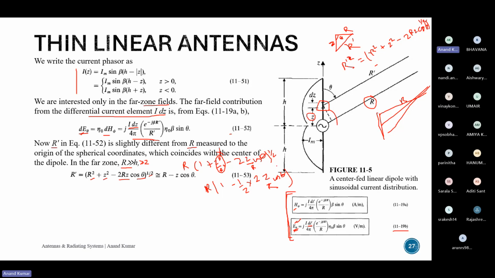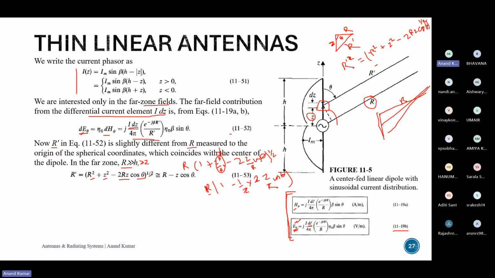We are ignoring all the higher order terms, because since R is much greater than z, the powers of z by R will be close to zero, so we are approximating that. Canceling these twos, multiplying this R with 1 we get R, and multiplying this R with z by R we get z cos theta. So this is how we define R' as R minus z cos theta.